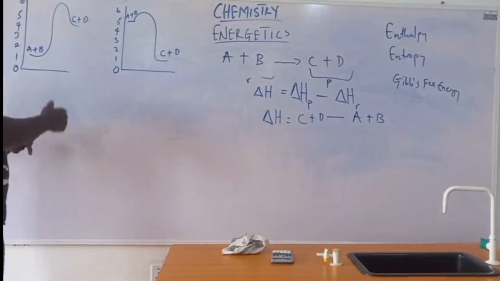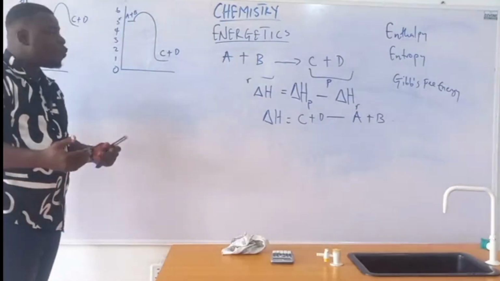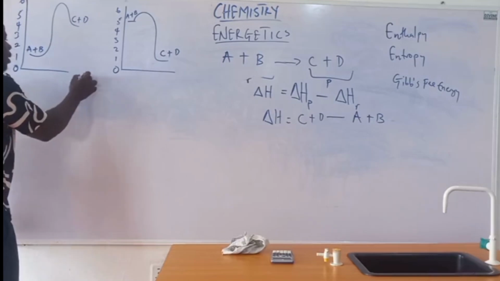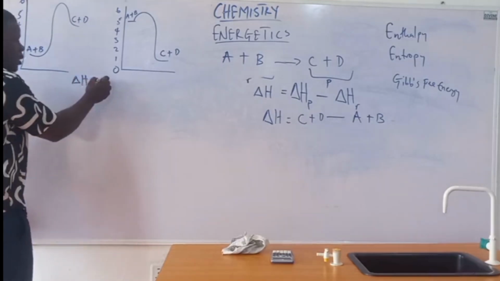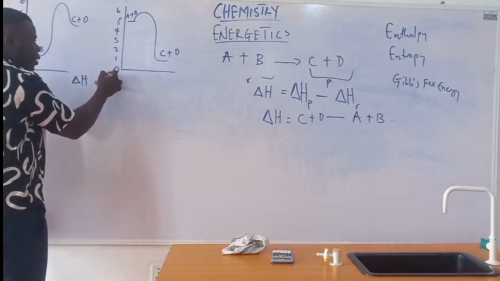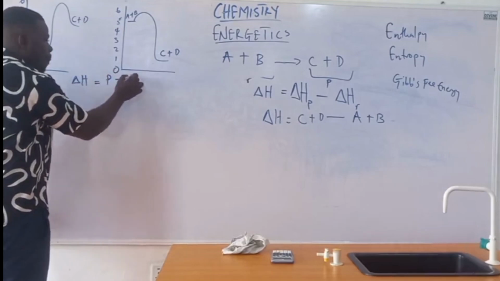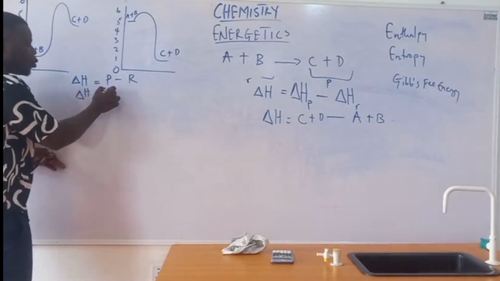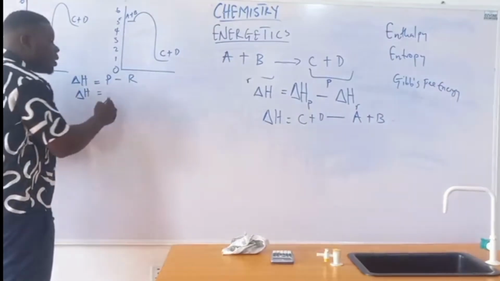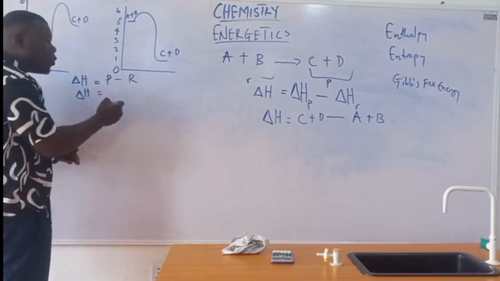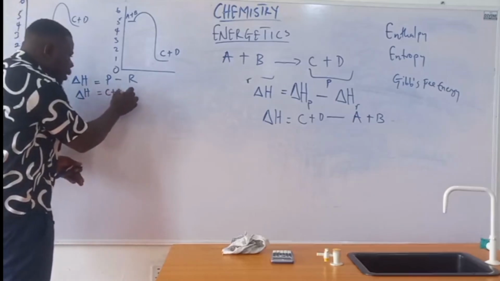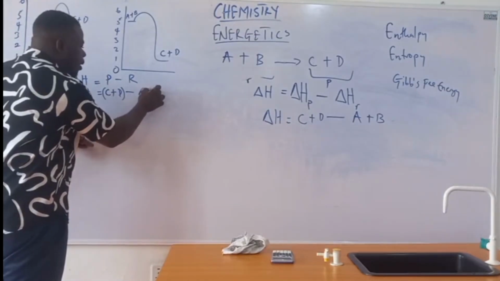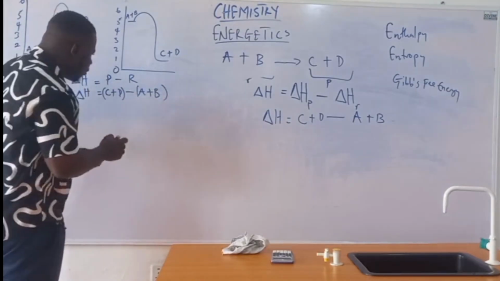Now, what is the formula for enthalpy change? We know that delta H is equal to the products minus the reactants. Or we can say delta H is equal to the sum of the products, C plus D, minus A plus B. Right?